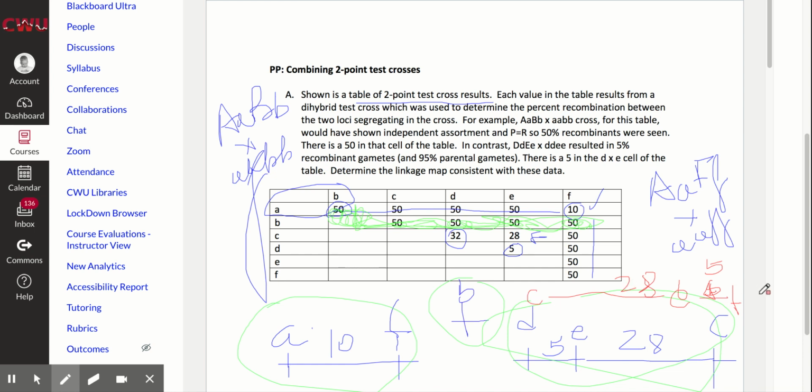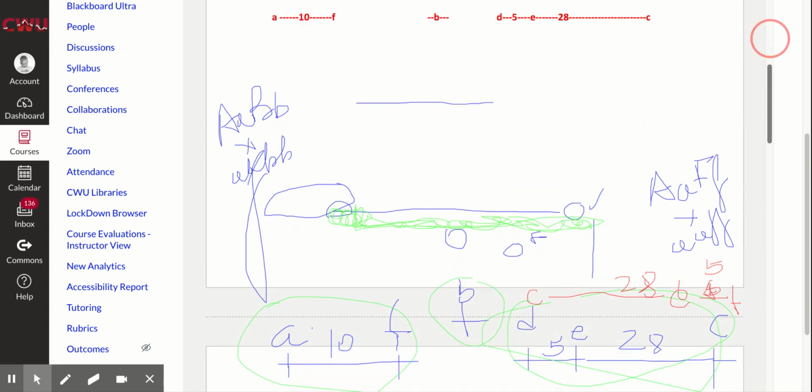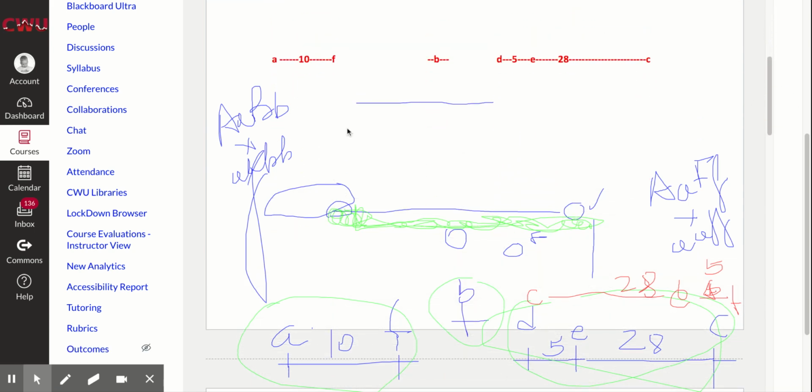And notice that this is the same as this because we have nothing to fix them in place. And so there is our map. We have A to F is 10, B is by itself, D to E is 5, and E to C is 28, and that is a linkage group.